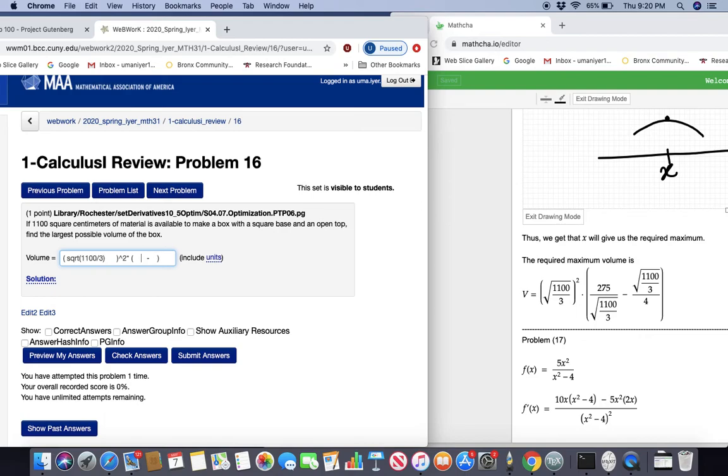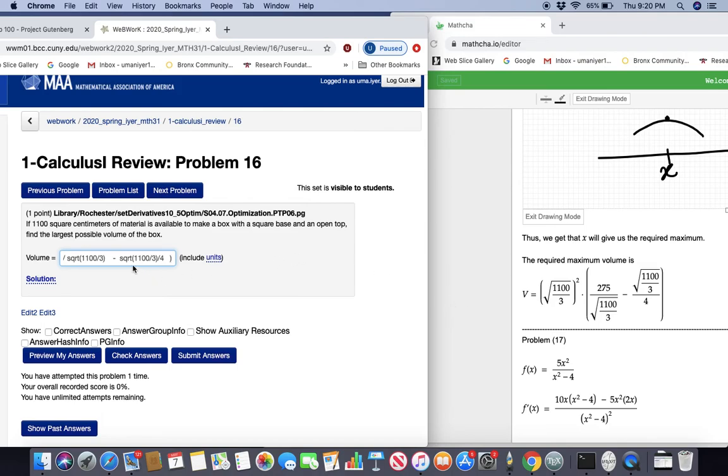The first fraction is 275 over square root 1100 over 3. That took care of the first part. And the second part is square root 1100 over 3, over 4. That's the second fraction. Everything is done.